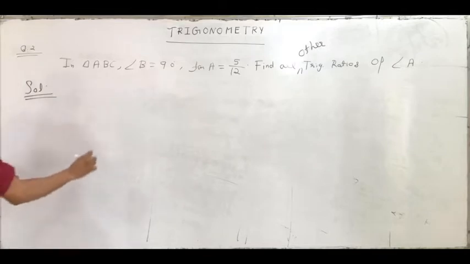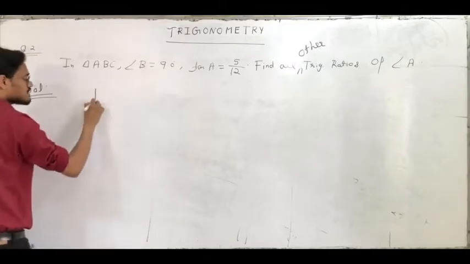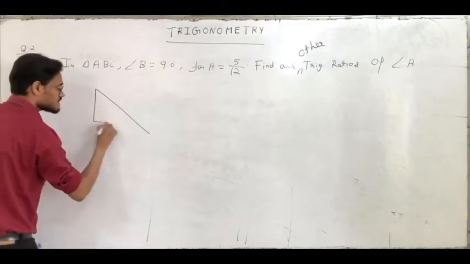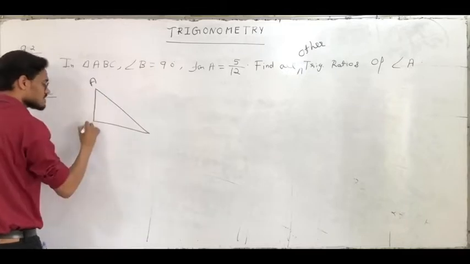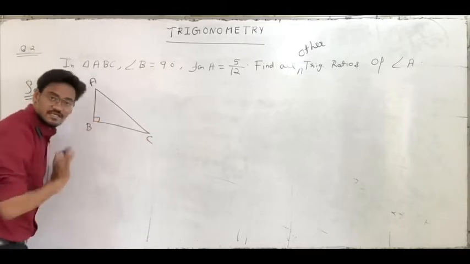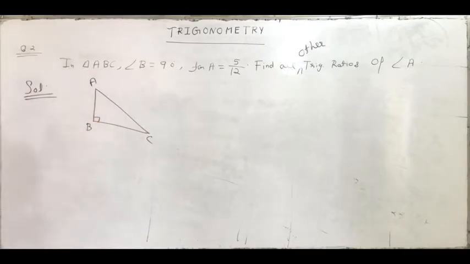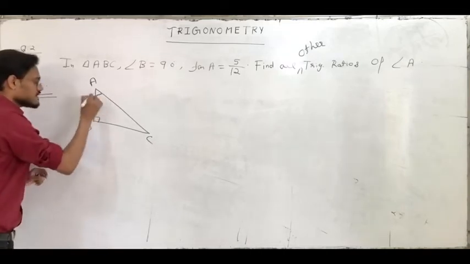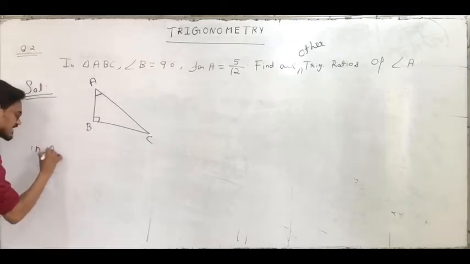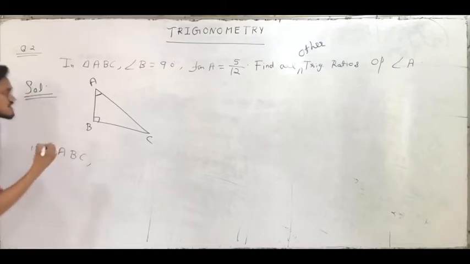See, because angle B is given 90 degree, let me draw a triangle with angle B as 90 degree. Clear? Now in triangle ABC, what is the value of tan A?